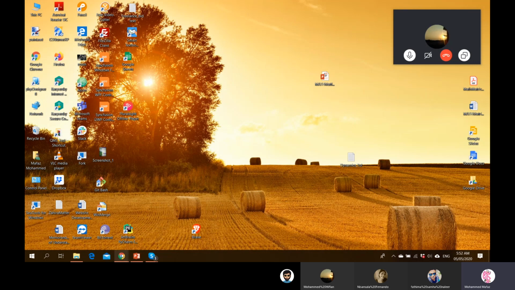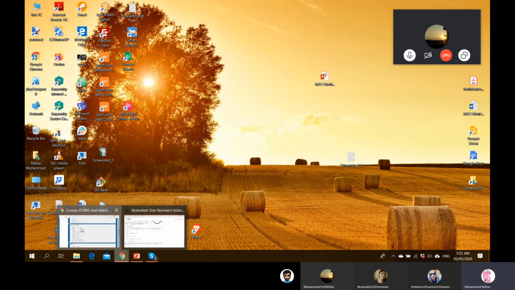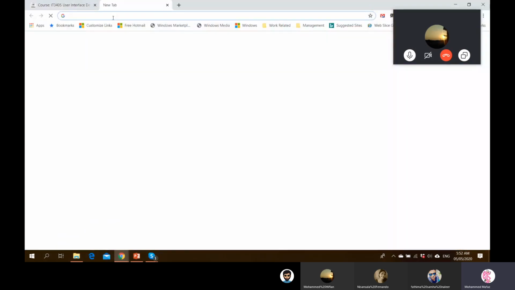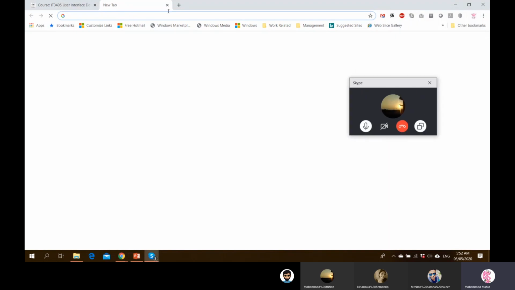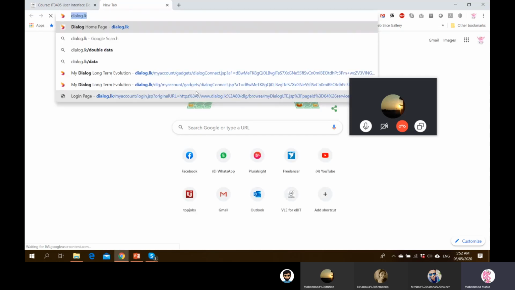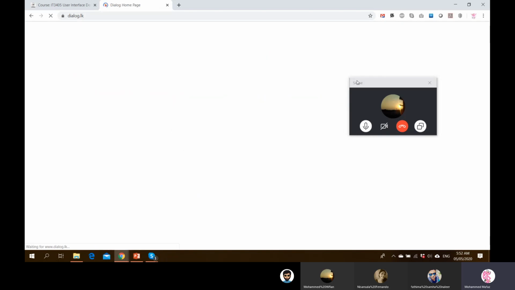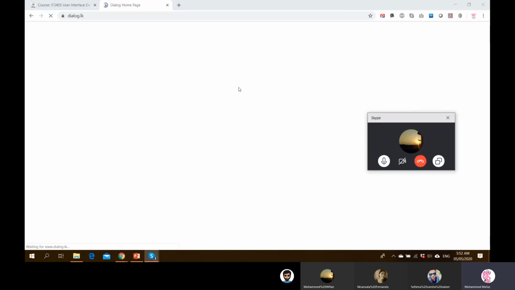When you're loading a website, for example, let's say go to this dialog website. See, now it says not responding, but still I get that time icon, right? The same thing happens in websites also. Until the website loads, until your content loads, sometimes you can give a timer.